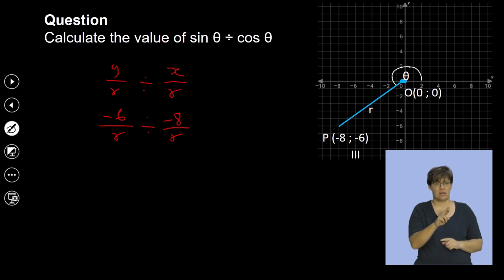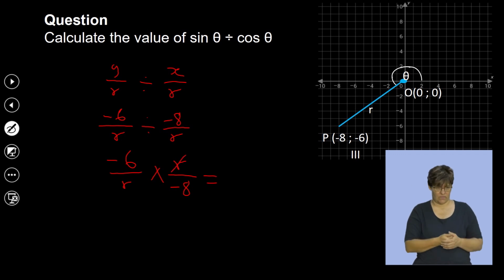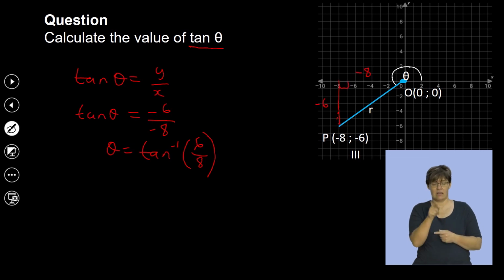And then I can find r using the theorem of Pythagoras. But you can see with this particular one, I wouldn't really need to do that, because this will be negative 6 over r multiplied by r over negative 8, and the r will divide out, and therefore this will be negative 6 over negative 8.